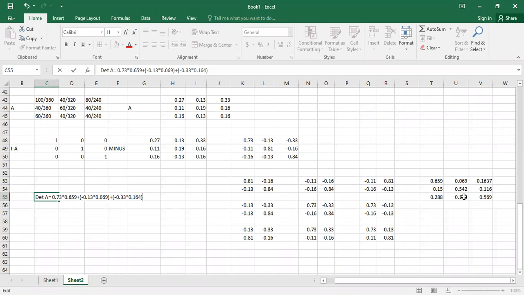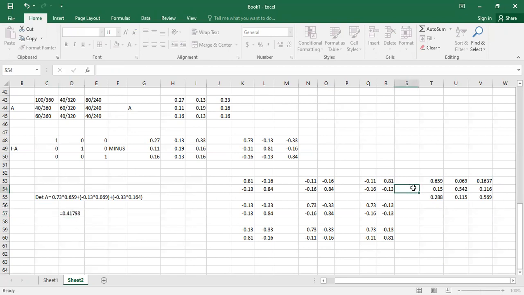What did you get? 0.41798. So it should be 1 over the determinant.